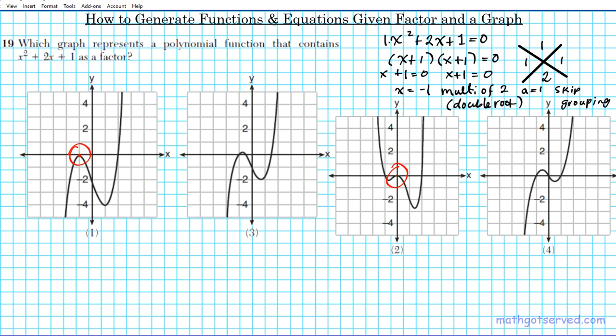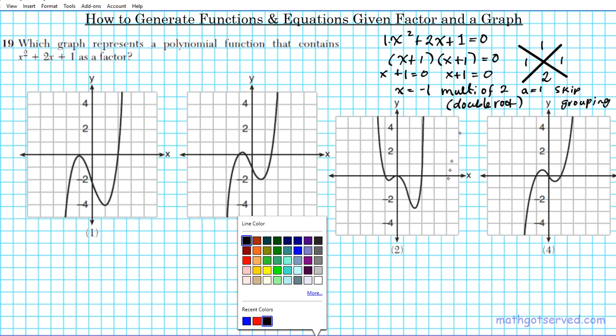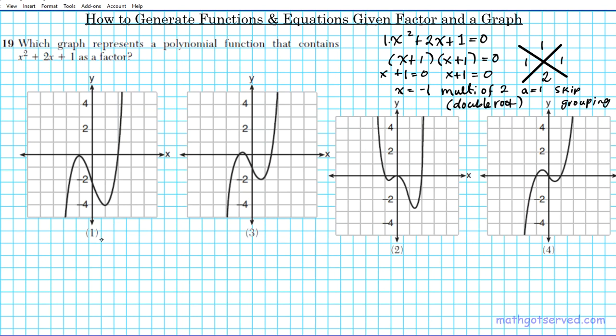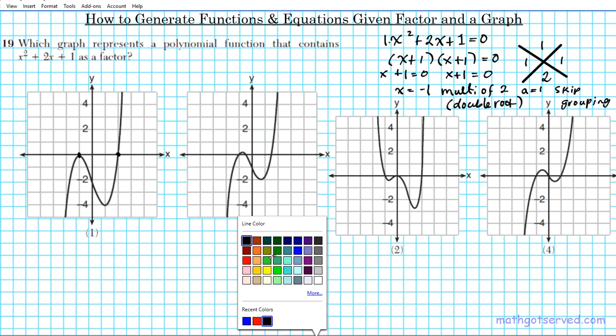Okay, so now that we know what double roots are, let's look at the graphs and see which one has a double root of negative 1. We're going to go at this blindly, okay? We're going to assume as though we don't know what this information is. So let's take a look at question 1. We have a double root here, and we have another root here. Let me change my color real quick.